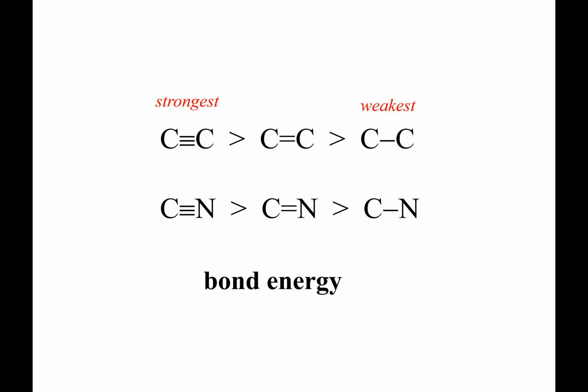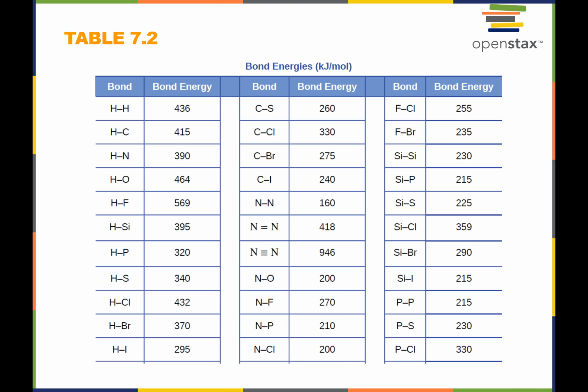Okay, here we're looking at, instead of carbon to carbon, carbon to nitrogen, and we can see the same trend. Carbon triple bond nitrogen, which you actually saw with your HCN when you drew that blue structure yesterday, is the hardest to break compared to just a carbon single bond nitrogen. Makes sense, right? So here are some bond energies between a pair of atoms.